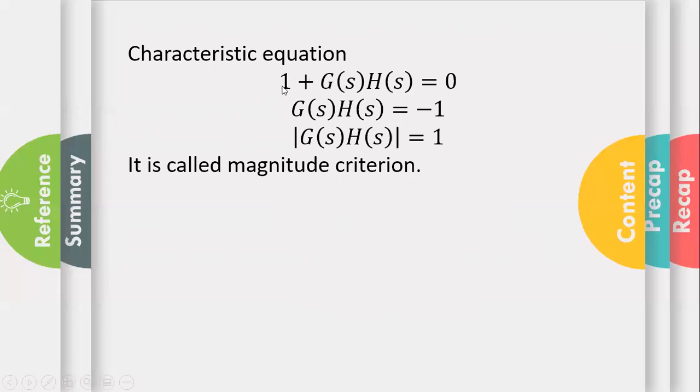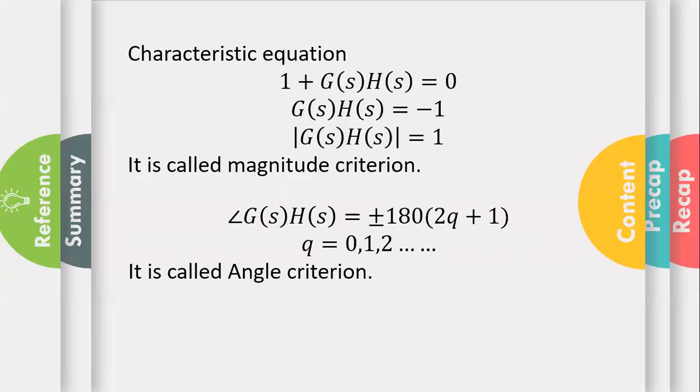If I shift this 1 to the other side, I get g of s into h of s is equal to minus 1, or magnitude of g of s into h of s is equal to 1. This is called the magnitude criteria. It indicates that if the magnitude or absolute value of g of s into h of s is equal to 1 for any value of s, then that s value is a part of the root locus.